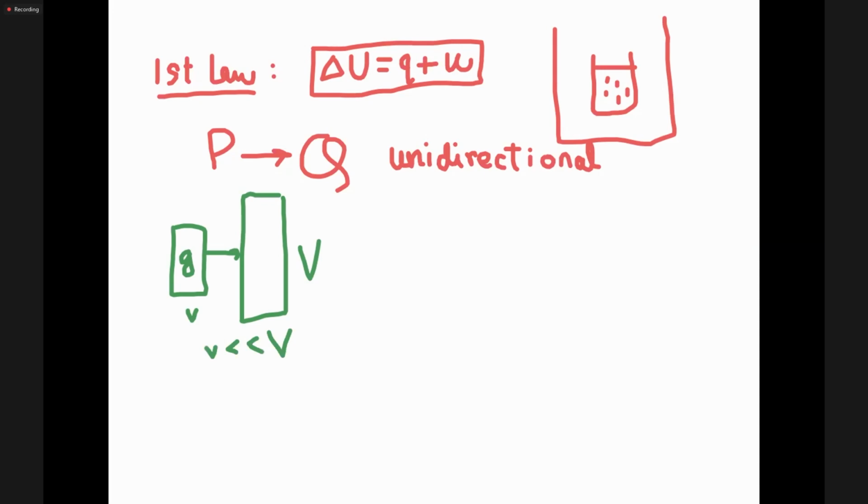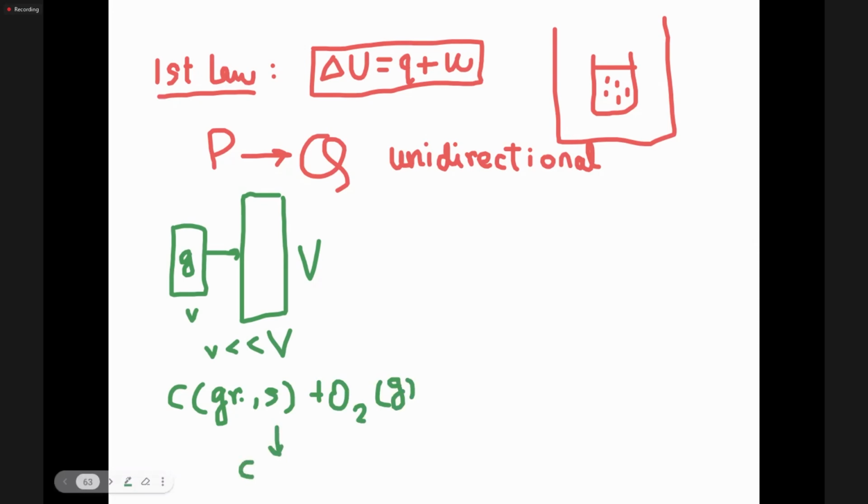Obviously, from this left side state of a smaller volume, small v, to the larger volume, capital V, the gas will flow. Also, the burning of carbon in dioxygen will give us carbon dioxide. Whenever we take graphite, for example, in the solid state, and we burn it in oxygen, it will produce CO2 gas.